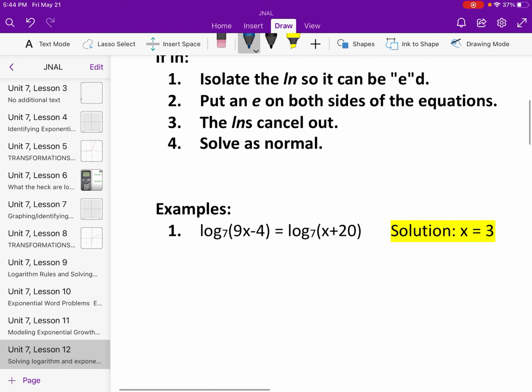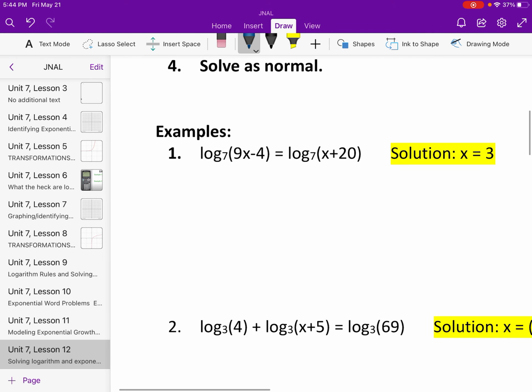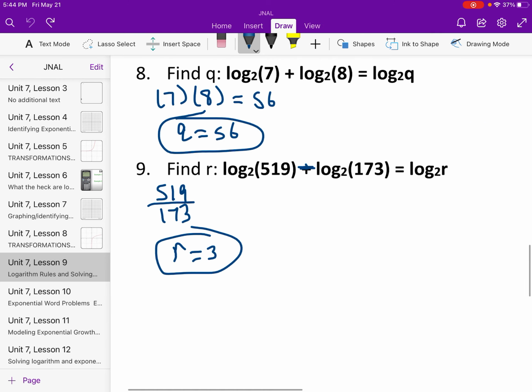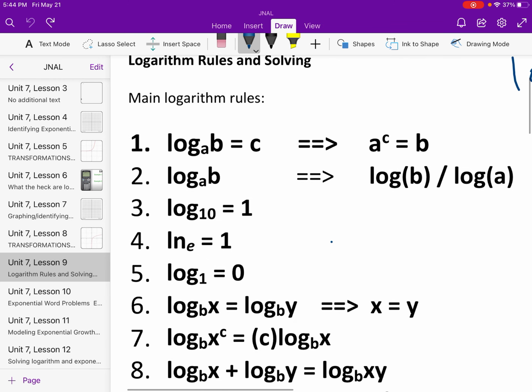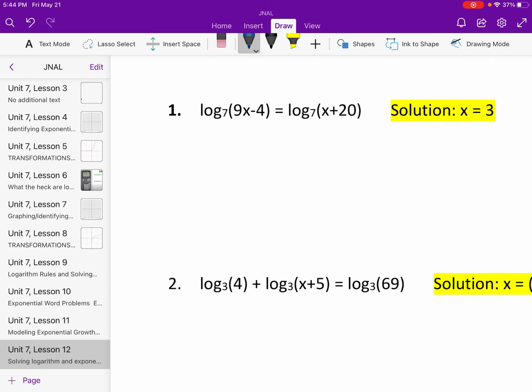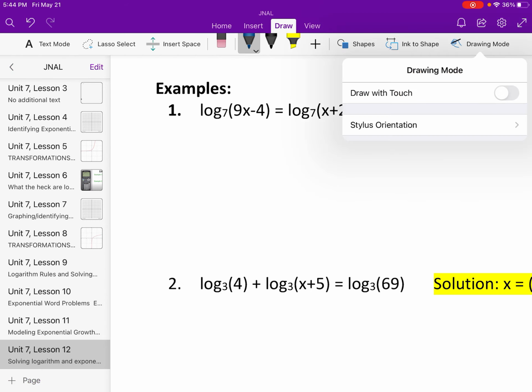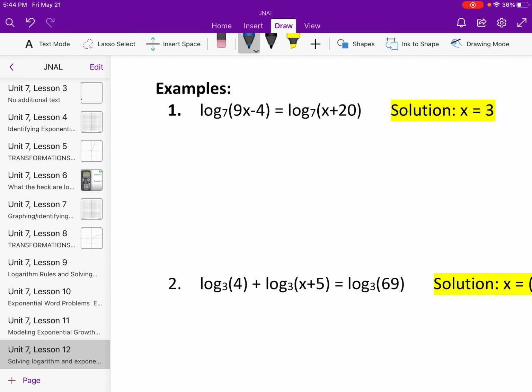These are just problems, and using the rules that we learned in this lesson, we can see how to solve them. There are not specific names for them that I'm aware of, but you just have to know by looking. Since we have the same base of 7, we can cancel out the log 7's and make these equal to each other.